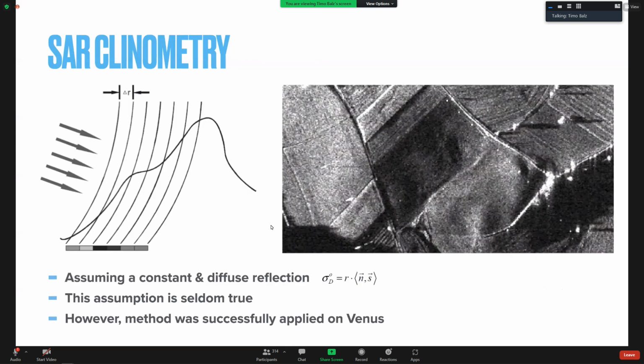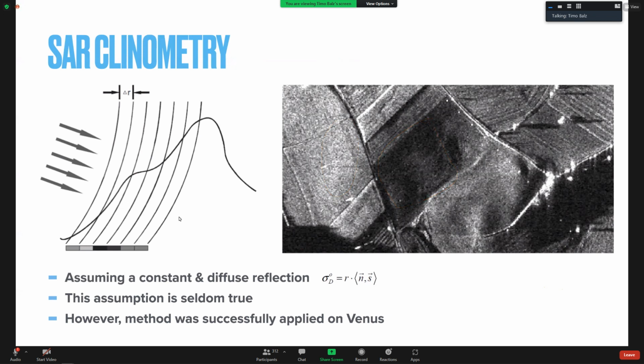Also, we can look at the amplitude. If we have an area that looks toward the sensor, that will be brighter. An area that looks away from the sensor, you see that here is the area looking toward the sensor, looking away from the sensor is darker.